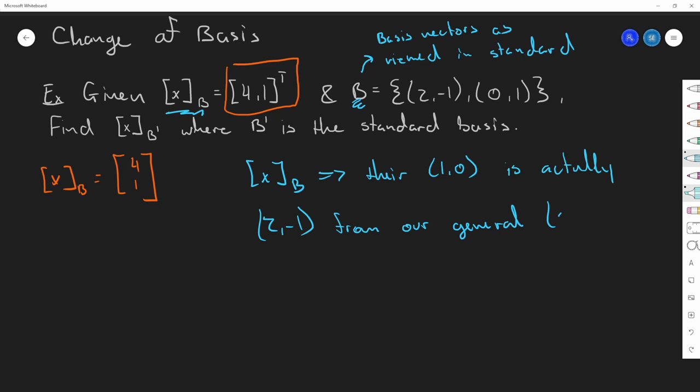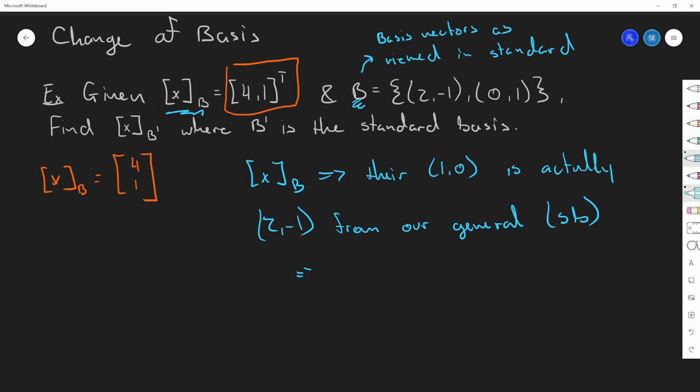So basically, this kid's set of basis vectors, their (1, 0), to them it looks like (1, 0), but to us it's actually (2, -1). And then the same thing goes for (0, 1).